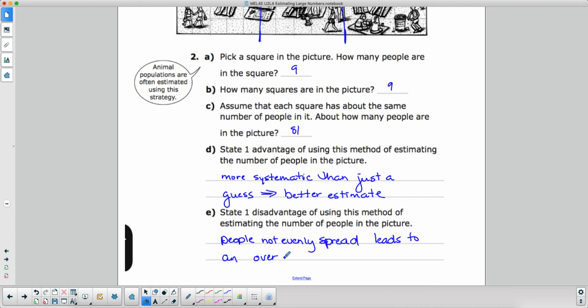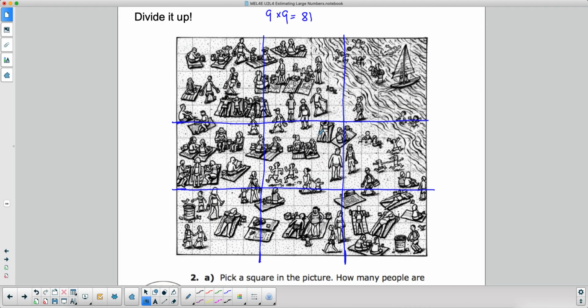So you have to try to balance it out and know the limitations of what you've done. And you can maybe take that into consideration when you're giving your answer. You say, well, I think there's 81, but these ones over here weren't anywhere near as crowded, so maybe I won't count 9 for those spaces. Okay.